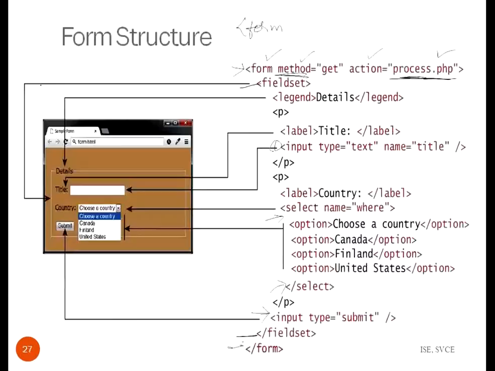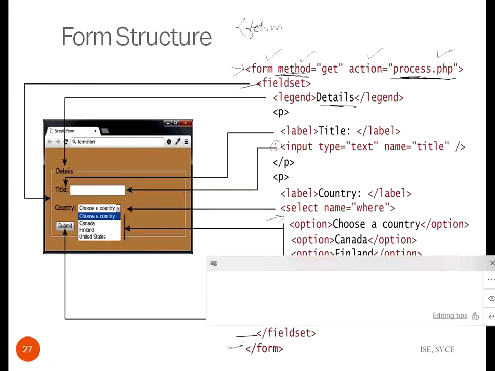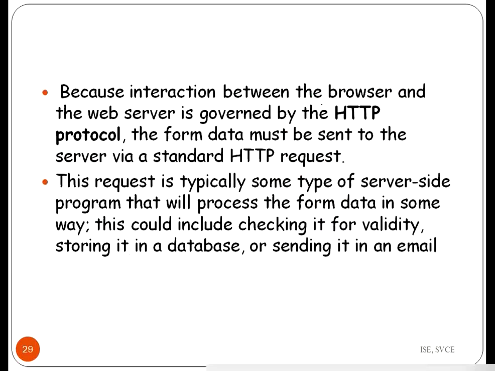Okay, like this. Legend is specifying the field set group name as details. Can you see this? Just observe carefully. This is a box, and for that you are giving the name. This is one group of elements where I'm giving the name details using the legend option.